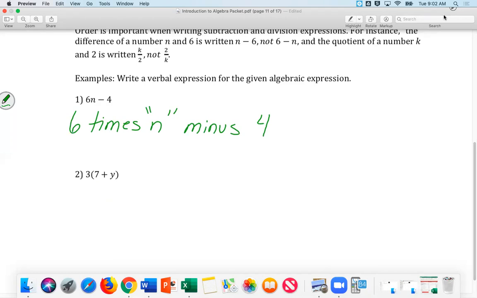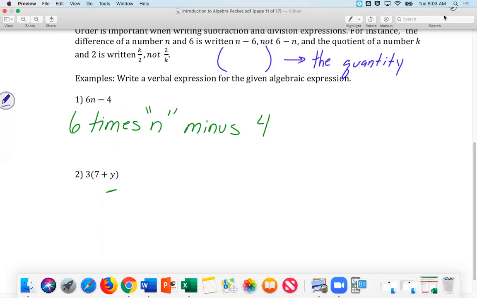Now, I didn't talk about this. How do I deal with this part? These are parentheses. So how do I deal with that? Well, I'm going to write it right up here. Parentheses are going to be read as the quantity.